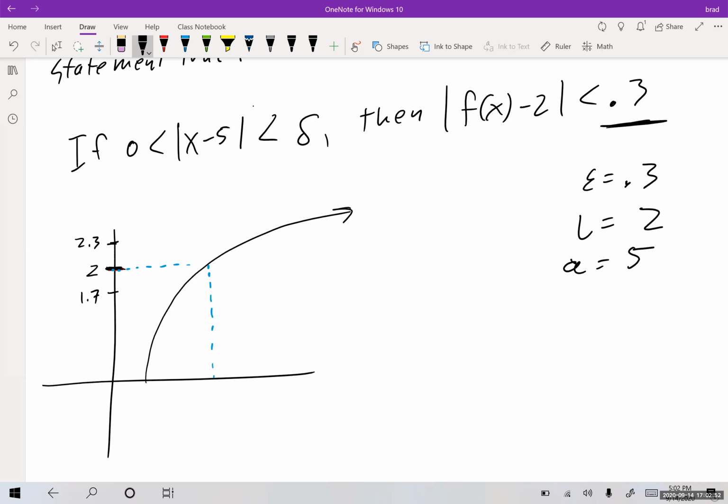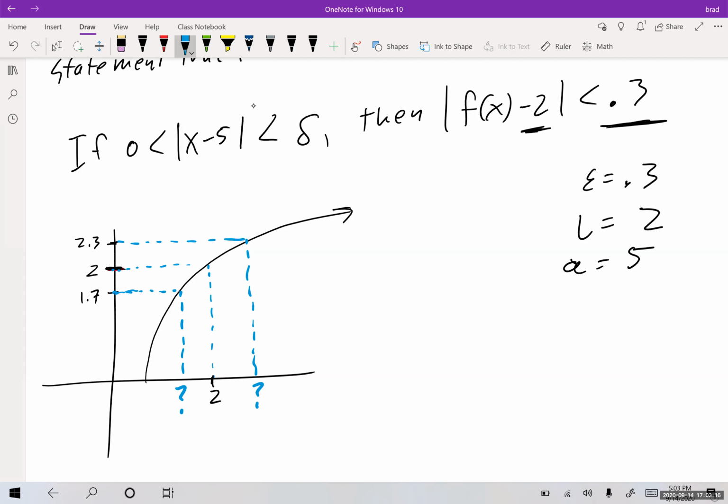So we know that this limit is already 2, right? Because they told us the limit was 2. And then we need to find these guys. I need to find this question mark. And I need to find this question mark.